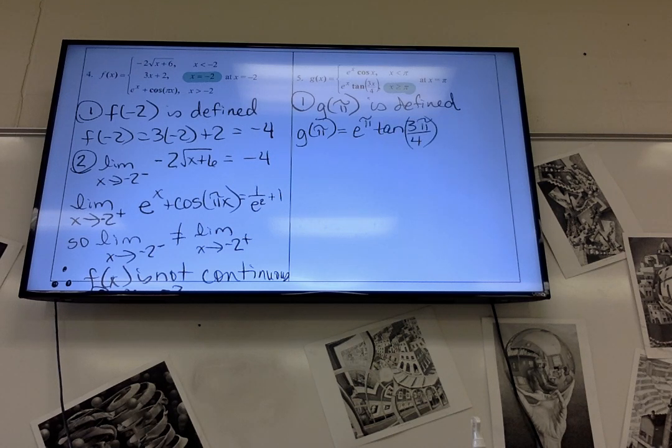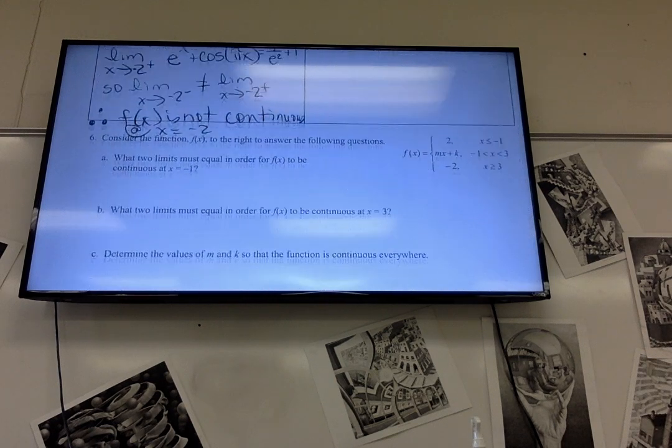I'm going to add a page here. Okay, 3 pi over 4. Got to multiply it by 180 over pi. Pi's cancel. 4 goes into 180 45 times. 3 times 45, 135.